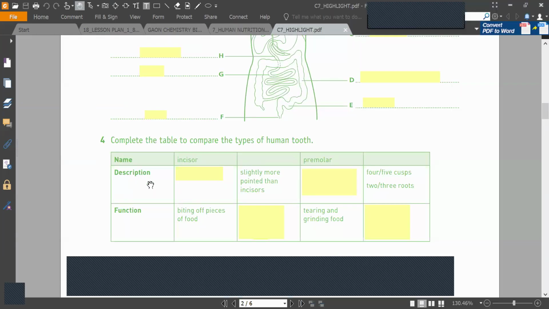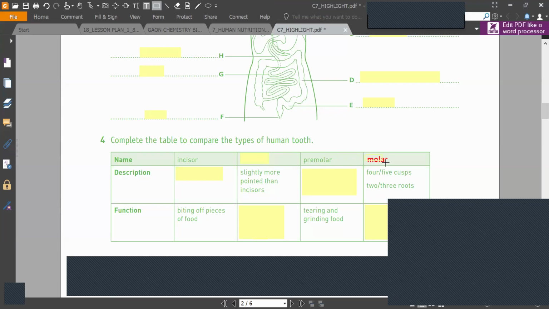I forgot something, but it's okay. What I forgot here is to label. This one will be canine, and then this one will be molar. Okay, let us continue.